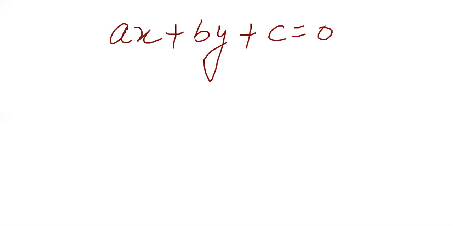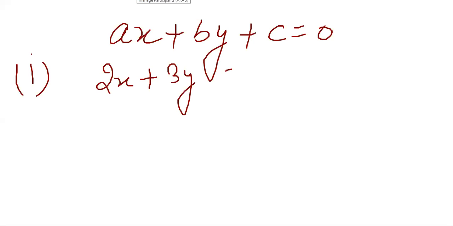Now the second question is, express the following linear equations in the form of ax plus by plus c equal to 0. हमें सभी लीनियर इक्वेशन को इस फॉर्म में लेकर आना है, राइट? And indicate the values of a, b, c in each case. And the first equation is 2x plus 3y is equal to 9.35 bar, right?